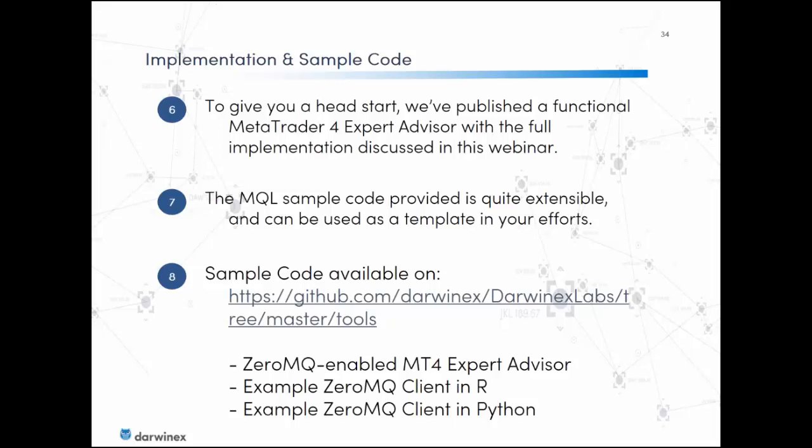Sample code is available on this link that we're going to skip to now when we get to our web browser. I'll show you what the code looks like, and we'll go through the code and I'll describe to you each component that we've discussed in this presentation today.